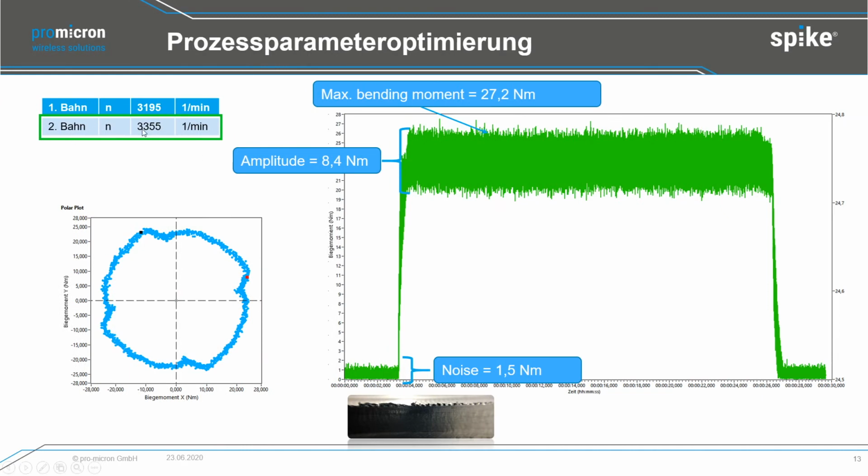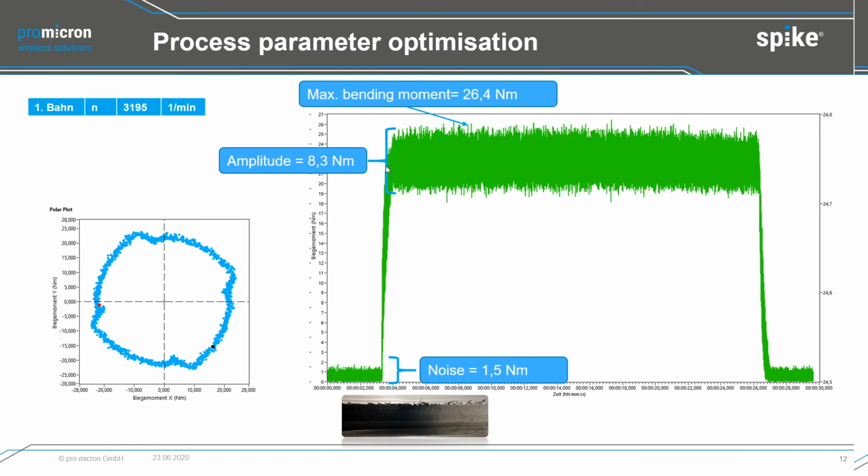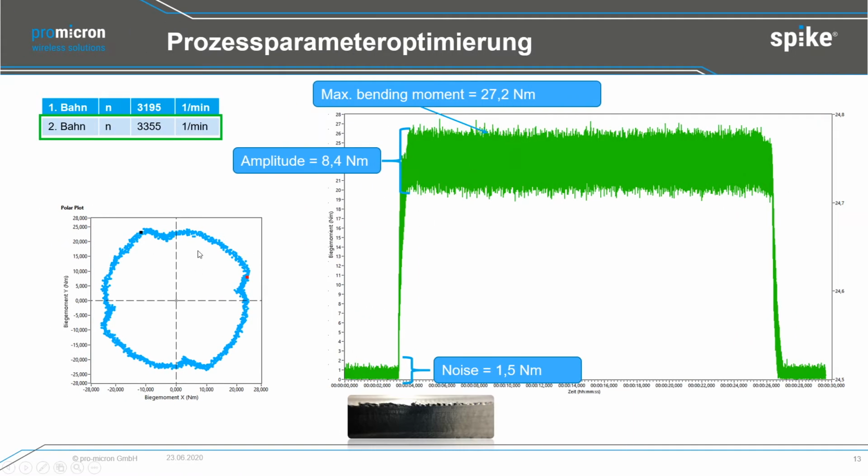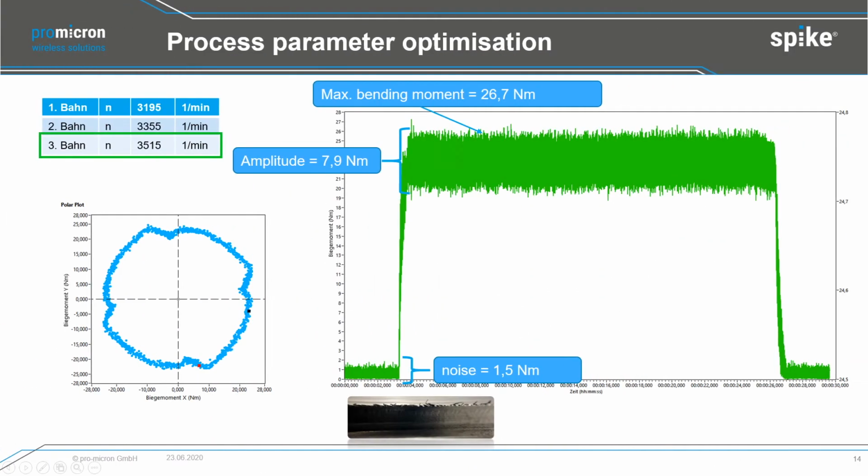Now we increase the spindle speed, and we receive new information. We have a higher bending moment and nearly the same amplitude. In Spike Polar, there is not a big change. Then process number 3: the amplitude is getting bigger, the bending moment is nearly the same, and we still don't see a big difference.